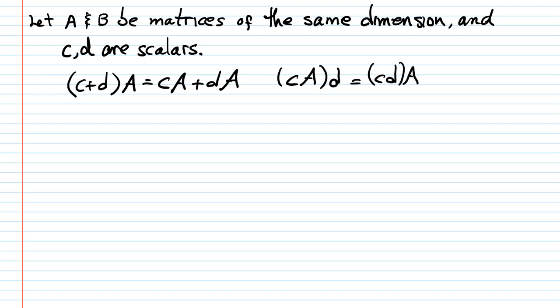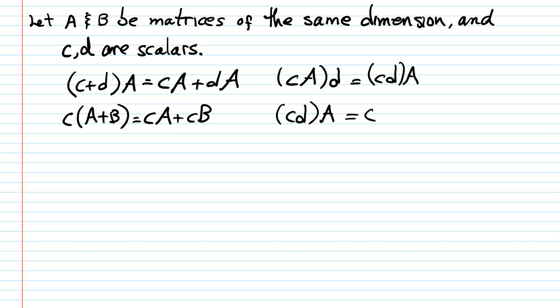Because they're numbers, you can work them however you want, in any order you like, when you multiply by a matrix. A scalar times the sum of two matrices, you multiply each matrix by the scalar. And in the case of, let's say, C times D, two constants times matrix A, you can do C times and then do D times A.